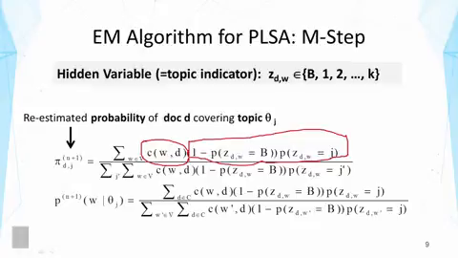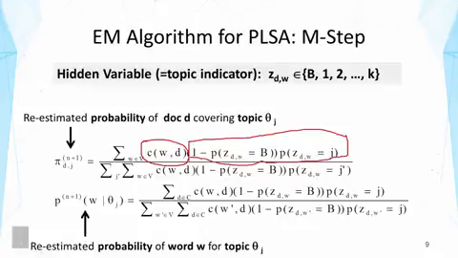And this tells us how likely this word is actually from theta sub j. And when we multiply them together, we get the discounted count that's allocated for topic theta sub j. And when we normalize this over all the topics, we get the distribution over all the topics to indicate the coverage. And similarly, the bottom one is to re-estimate the probability of a word for a topic.